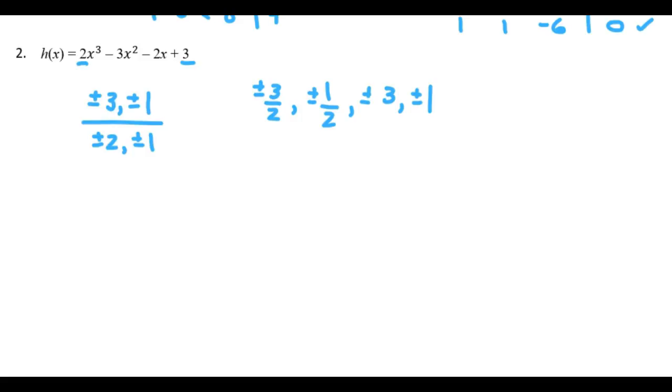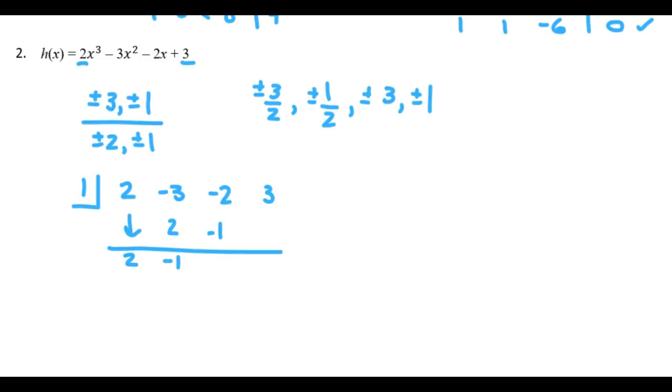So let's just once again try out one of these as an example. I'm not going to go through all of them. Let's just try 1. If I have 2, negative 3, negative 2, and 3, bring down the 2. 1 times 2 is 2. Negative 1. 1 times negative 1 is negative 1.